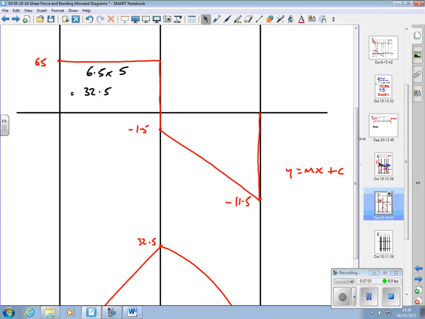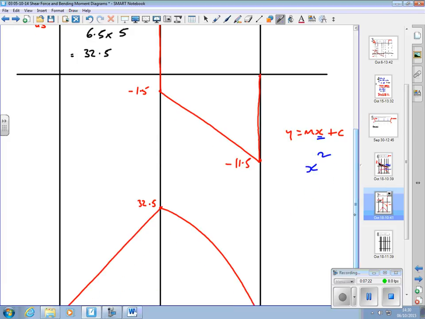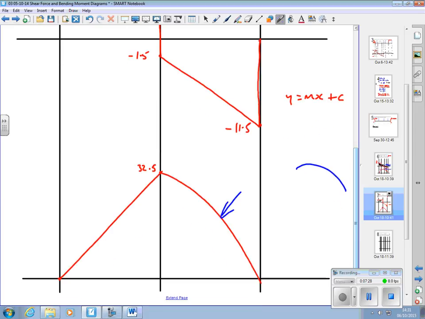If I were to draw the line back, I'd find out where it cut that axis. So I could find out what m is and what c is. And if I integrate this function, as those who did the maths with me last year will remember, by integrating x, I get an x squared, and that's a quadratic. And so if I plot a quadratic, I get this curve. That is a quadratic curve, a parabola. And once I've got that function, I could calculate exactly what the moment is at given points along that curve. But that's a bit further down the road.